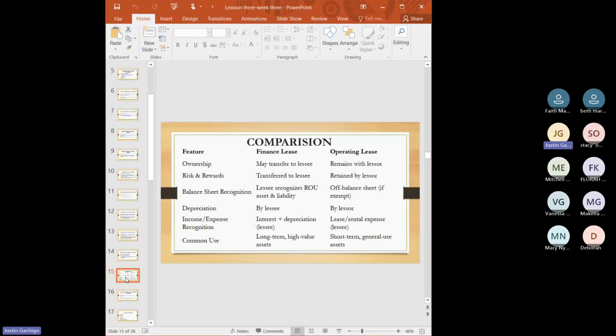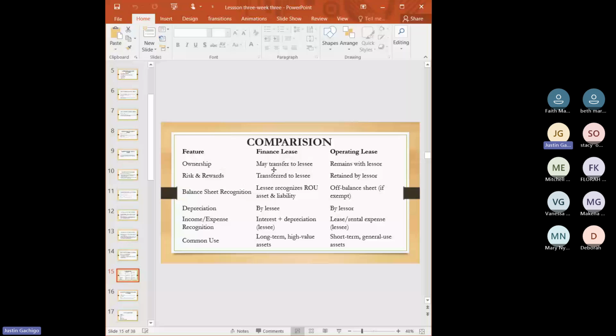Then we have a table here where we need to compare the two leases. So we have finance lease and then operating lease.